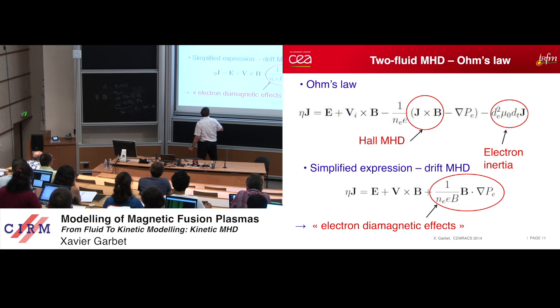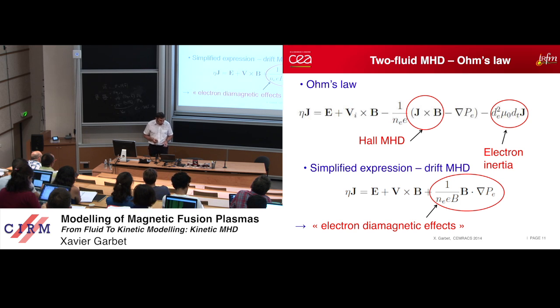Now if you do the same exercise for this term here, the V cross B, this one here, okay, you recover in some kind an extension of the frozen-in law for MHD, except that what it says is that the vector potential is going to be advected at a velocity which is essentially the electron velocity, right? So the sum of the MHD flow plus electron diamagnetic velocity.